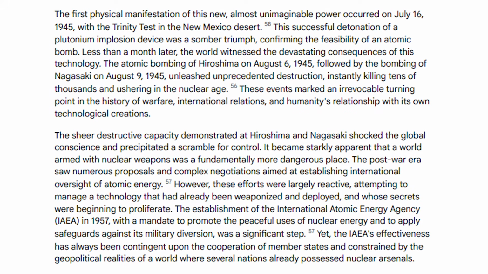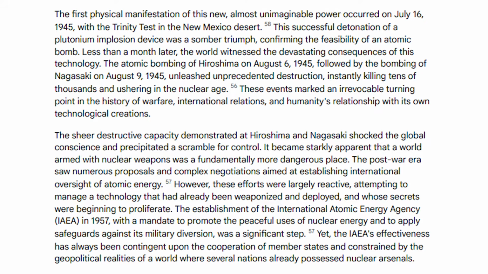The first physical manifestation of this new, almost unimaginable power occurred on July 16, 1945, with the Trinity test in the New Mexico desert. This successful detonation of a plutonium implosion device was a somber triumph, confirming the feasibility of an atomic bomb.